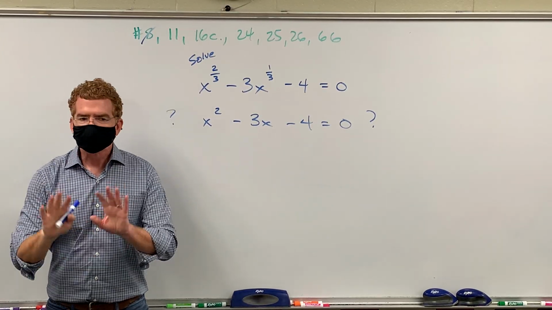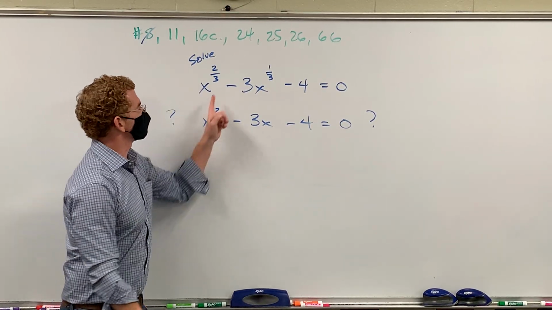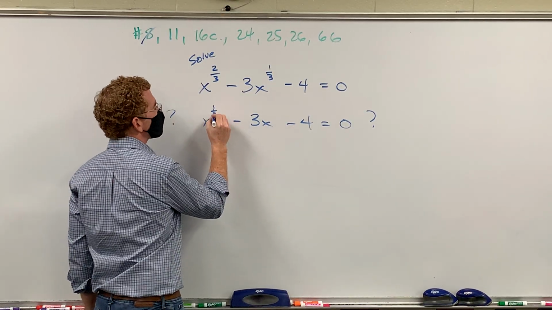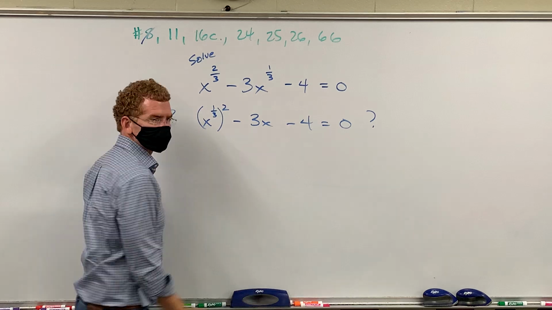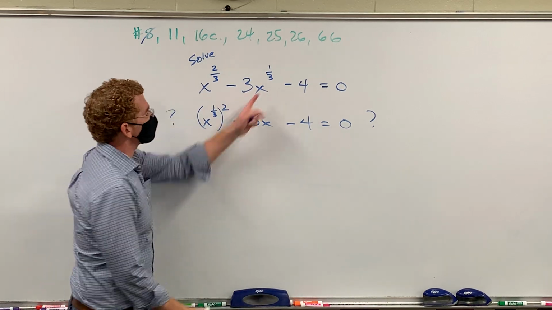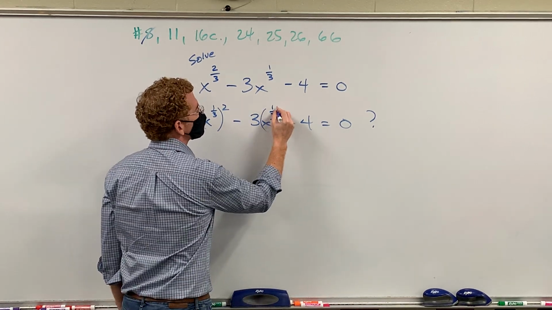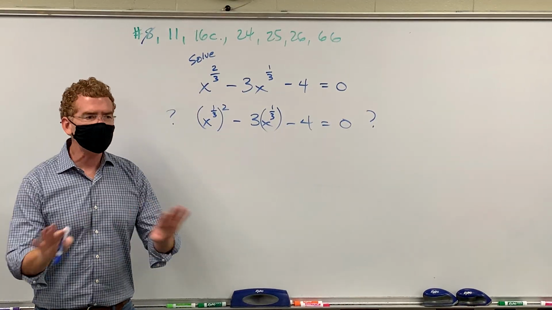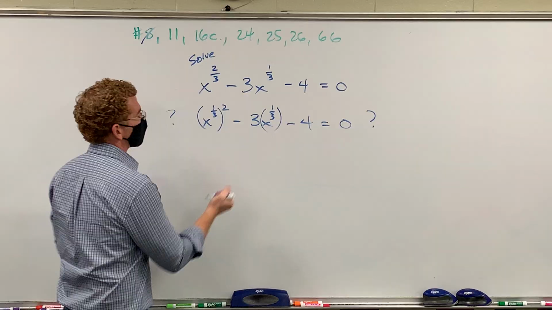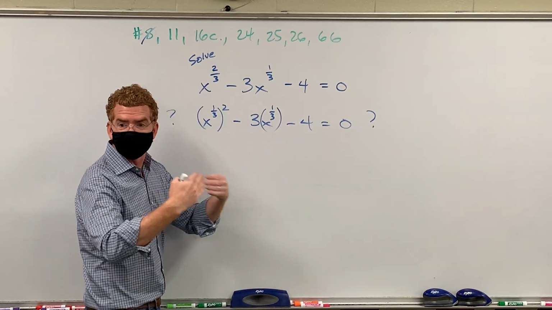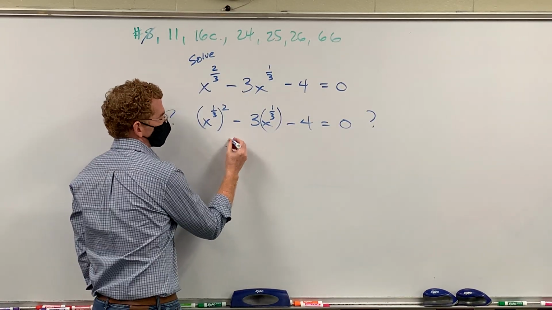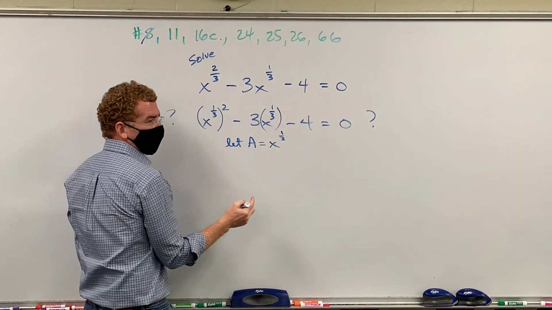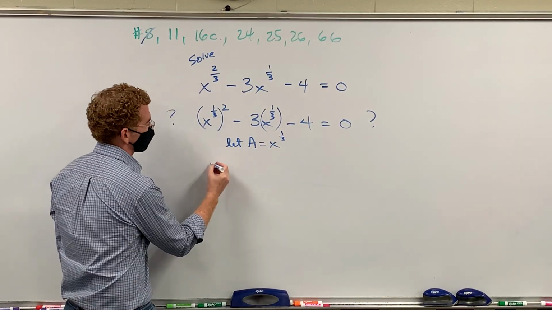No. So do this. Think of this as an x to the 1/3 squared. And then this is just an x to the 1/3. Does that make sense? And if you do that, if I was really doing it in a formal way, I would say something like this: let A equal x to the 1/3 and make a temporary substitution.